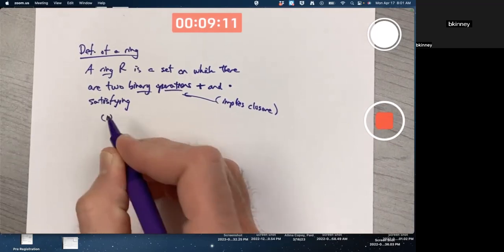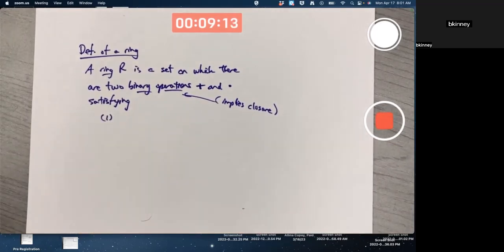It's closed under addition, it's closed under multiplication. But what else? It's always a group under addition. And in fact, you can say a little bit more. It's an abelian group under addition. So addition is commutative. That is part of the assumption of rings. Could you get away with assuming it's not necessarily commutative? I suppose.